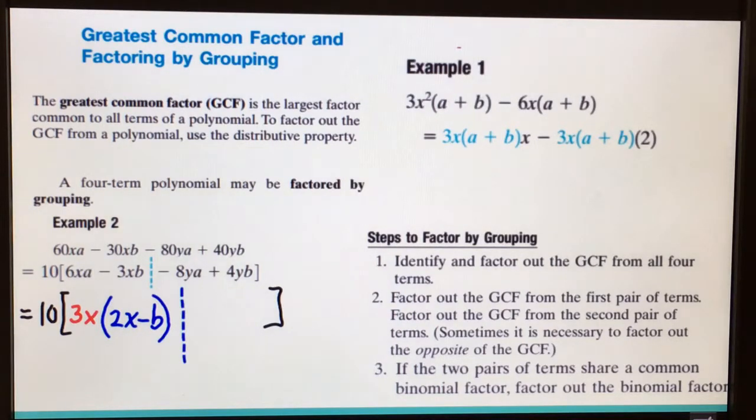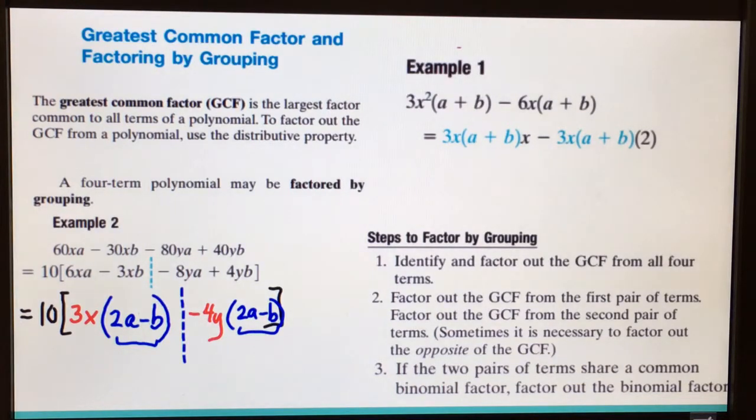And then for the next grouping, I can take out a negative 4y, and I'll be left with 2a minus b. Oh, this should be 2a right here. Okay, notice that they both have the same binomial factor right there.